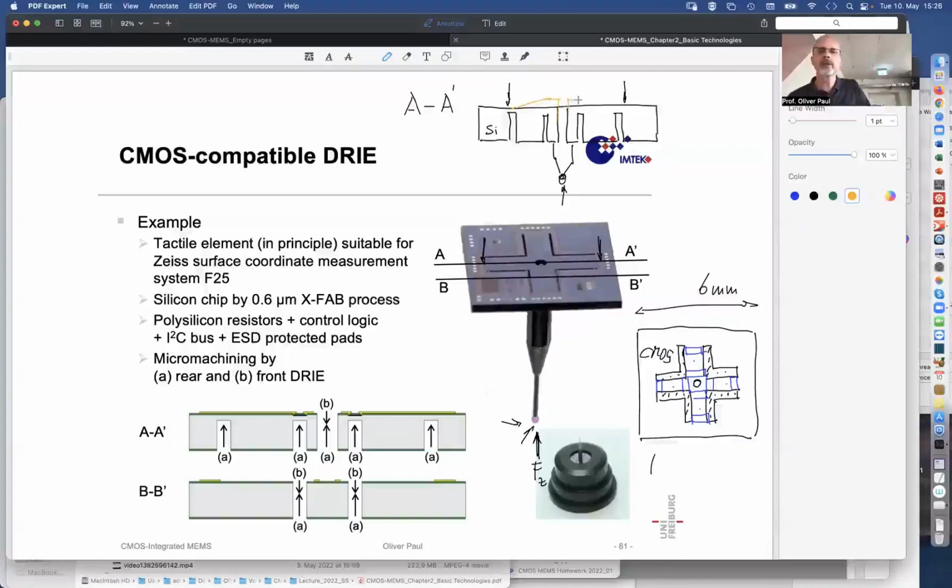So flat, deformation, straight, deformation, and I can imagine now my block to be deflected in this direction, and thereby this structure to have moved out of the plane.